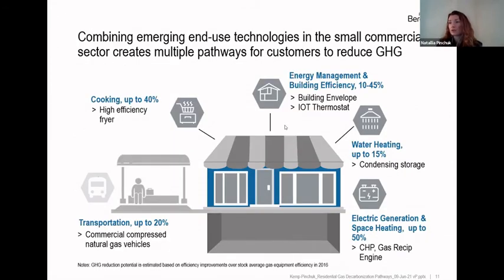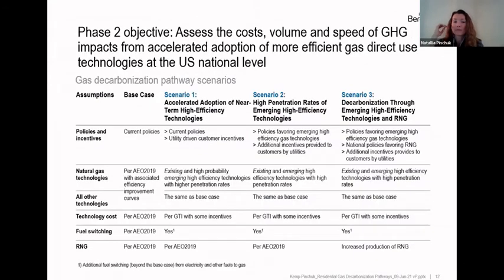And if we get to slide number 12, I think the interesting thing here is, okay, what do we do with these technologies now? And that's where we get to phase 2. In phase 2, now that we've prioritized interesting technologies, we developed these 3 scenarios.